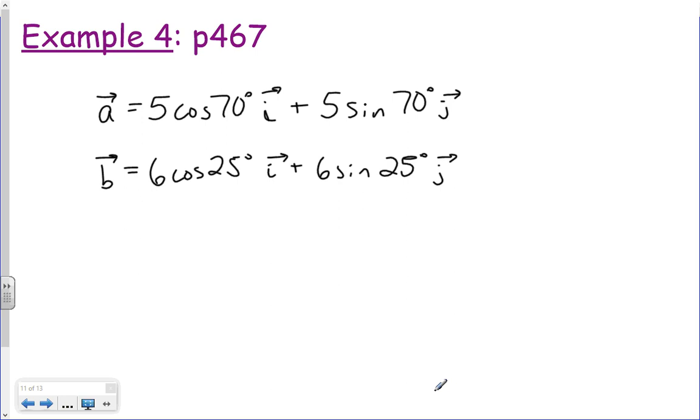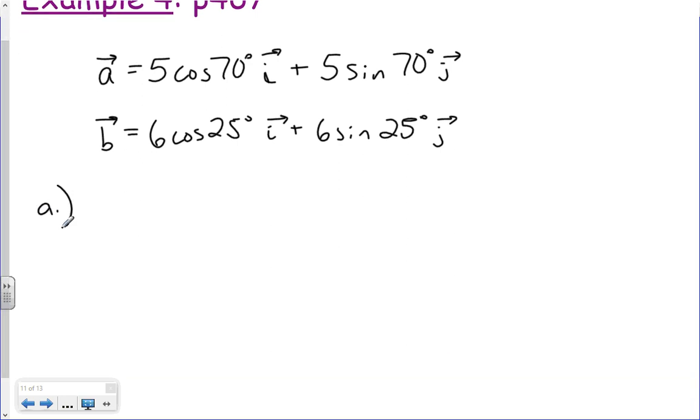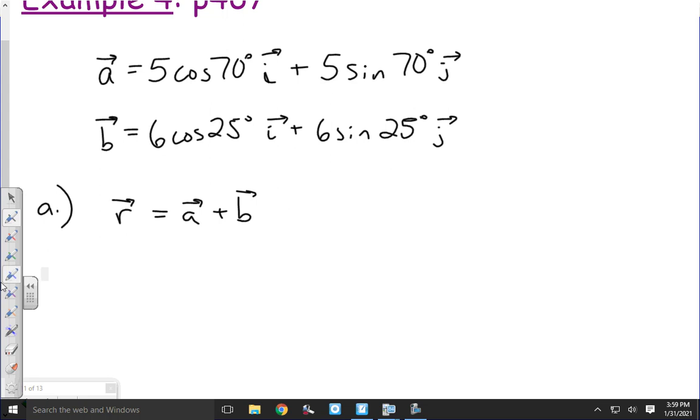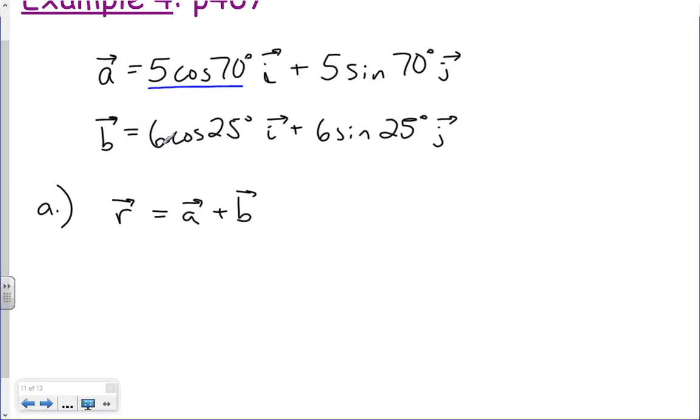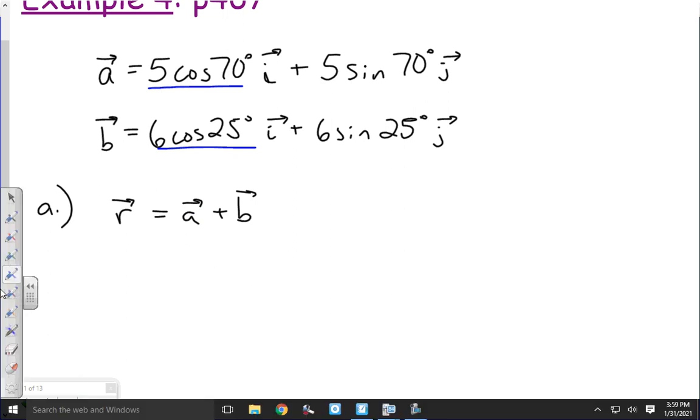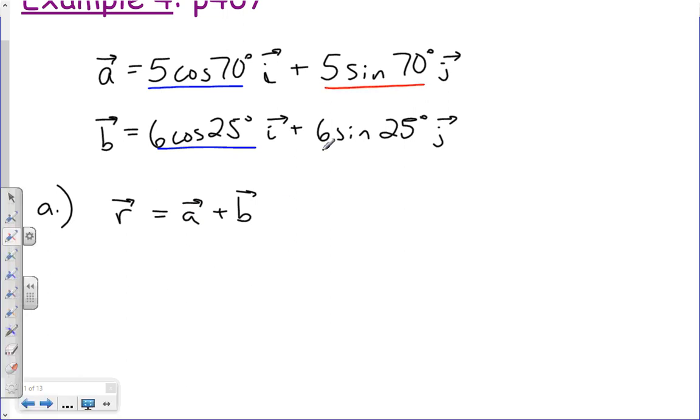All right, so they want us to find the resultant as the sum of two components. That's part A on this one. So for part A, we're going to literally add these two up. R is what they call this, is going to be A plus B. Now the nice thing about writing these in their component form is that I can easily add these vectors together because all I do is add the corresponding components. That is, I'm going to add my i parts together, and then I'm going to add the j parts together.